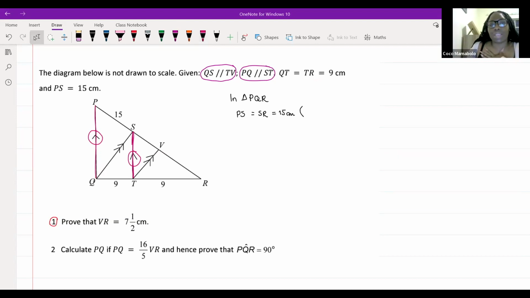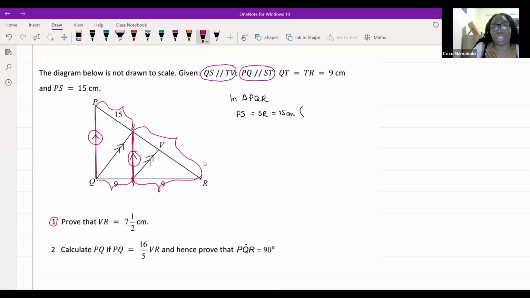So that tells me that if this side is cut in half, and that is equal to this side, then PS must be equal to SR. Is everybody seeing where it's coming from?